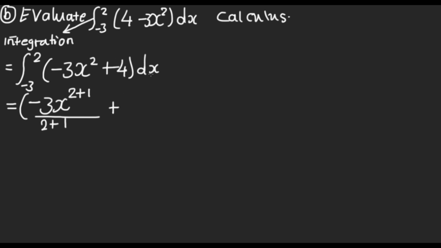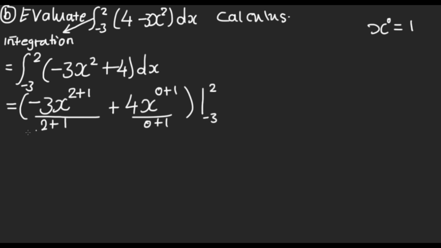So 4 times x is 4x, or we know that x raised to the power 0 is 1. So we can view this one as 4 times x to the power 0, so that we add 1 over 0 plus 1. Then evaluating from -3 to +2.